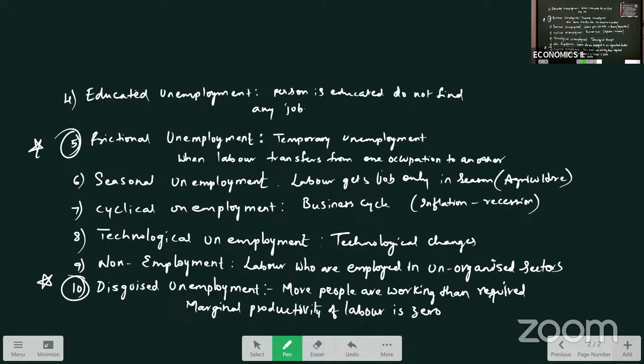Okay, so these are all the different types of unemployment. Very, very easy and very simple answer. Important from the exam point of view. Types of unemployment.